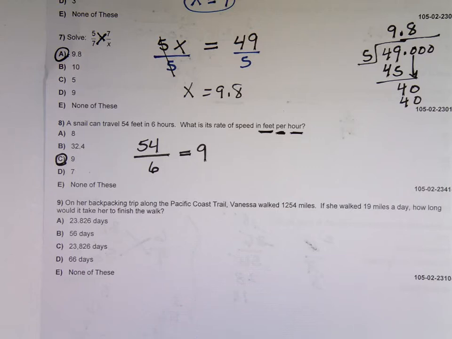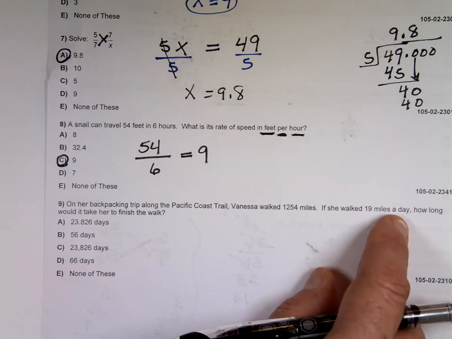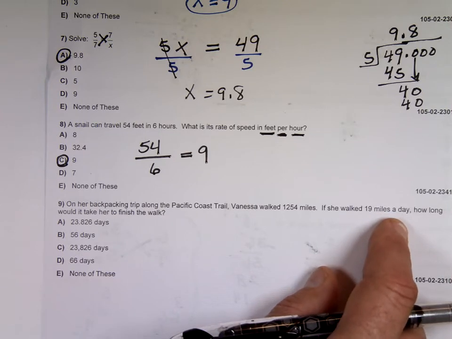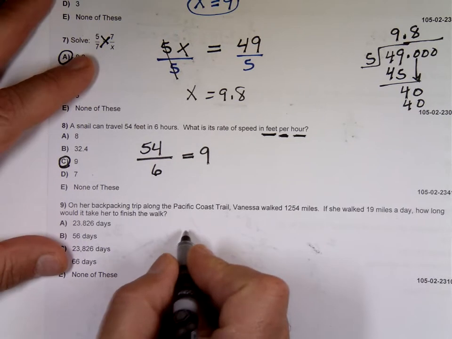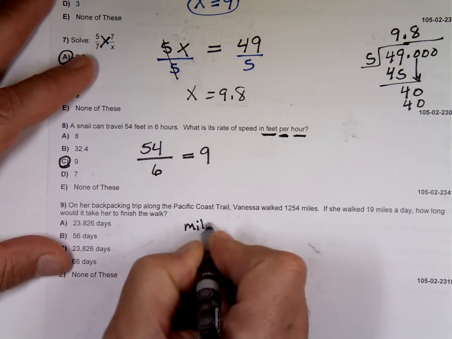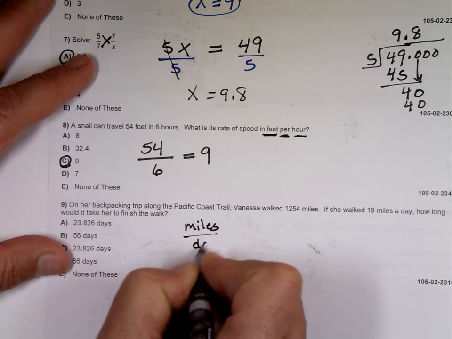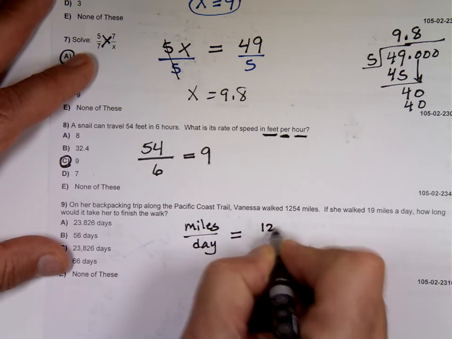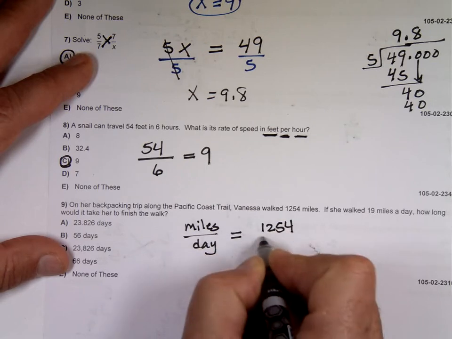Let's see, on her backpacking trip along the Pacific Coast Trail, Vanessa walked 1,254 miles. If she walked 19 miles a day, how long would it take her to finish the walk? I can set a proportion. I can say miles per day. Here we go. 1,254, the miles. How many days?